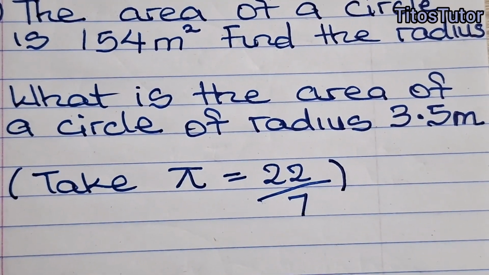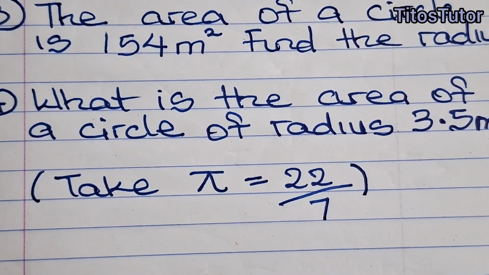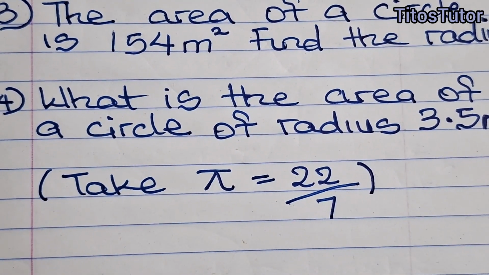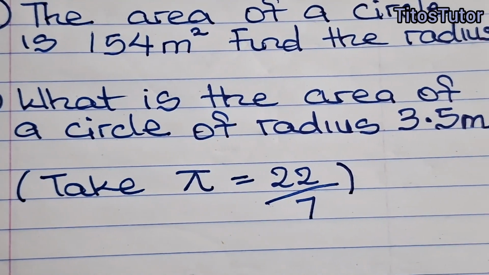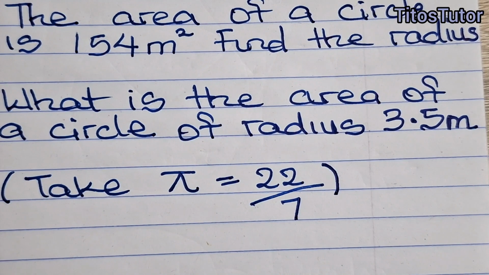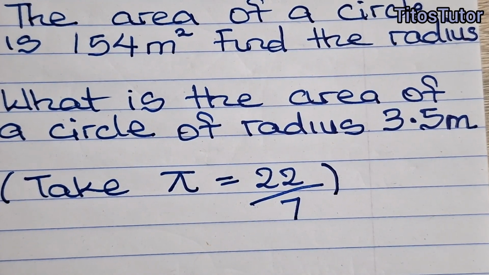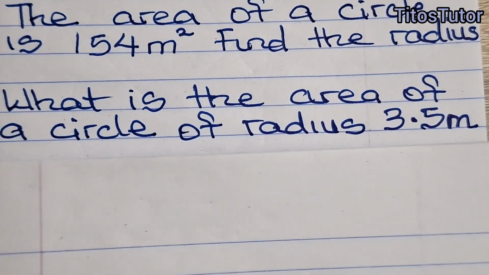Okay, so this is the last question for my year 5 homework. Number 4. What is the area of a circle with radius 3.5 meters? Okay, so in this case, we are actually looking for area. So how do we do that?